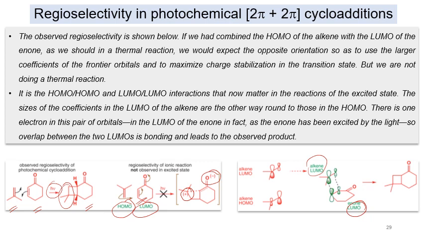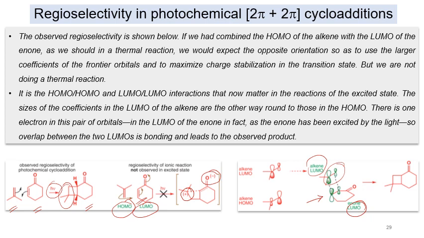Because the enone is alpha-beta unsaturated. It is excited preferentially in comparison with the alkene, which is not alpha-beta unsaturated. So if that is excited, obviously we have to consider the LUMO of that particular species for its interaction.